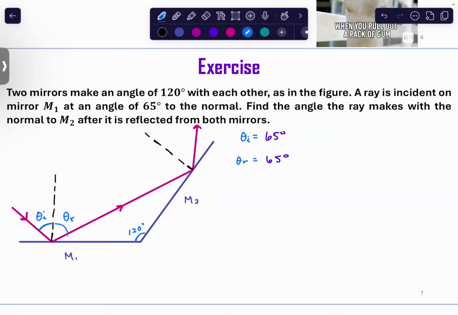What I don't know is that angle, that angle, our second incident angle, and our second reflection angle. The question wants us to find, what is that second angle of reflection?